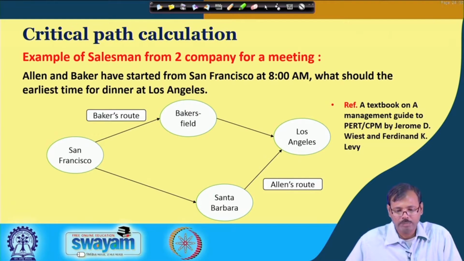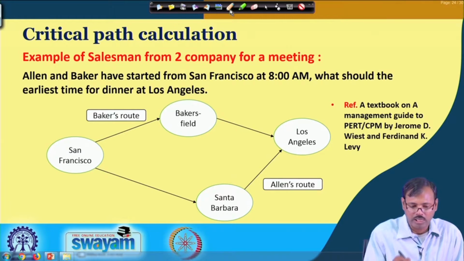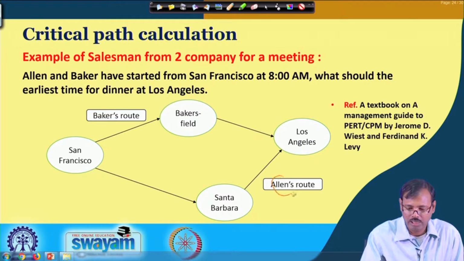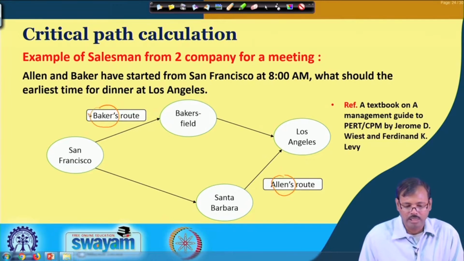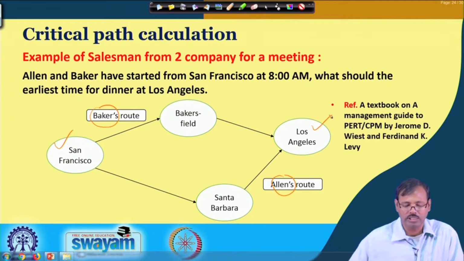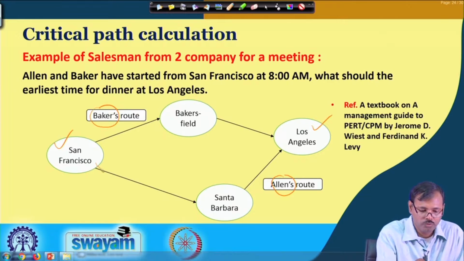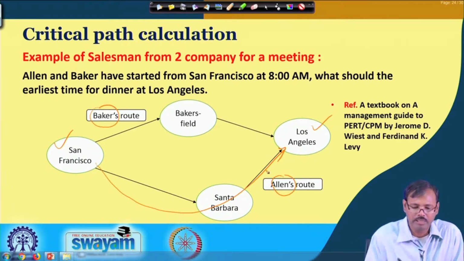Let us consider the similar example we gave in the introduction lecture, where we were starting from Ghaziabad to reach Delhi, but this example says that suppose two friends Allen and Becker are willing to move from San Francisco to Los Angeles, but Allen has to move through Santa Barbara and Becker has to move through Bakersfield.